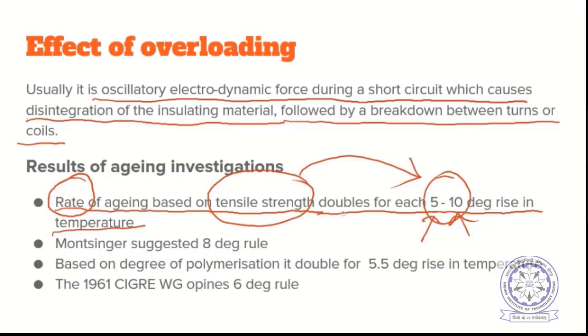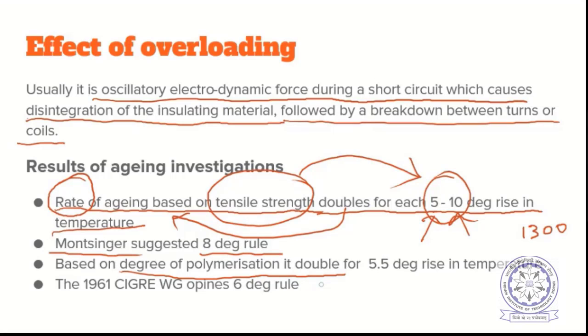And then Montsinger, a scientist, suggested the 8-degree rule. He suggested that for every 8 degrees, the rate of aging will double. And then based on degree of polymerization, which is called DP, we will study in detail later.